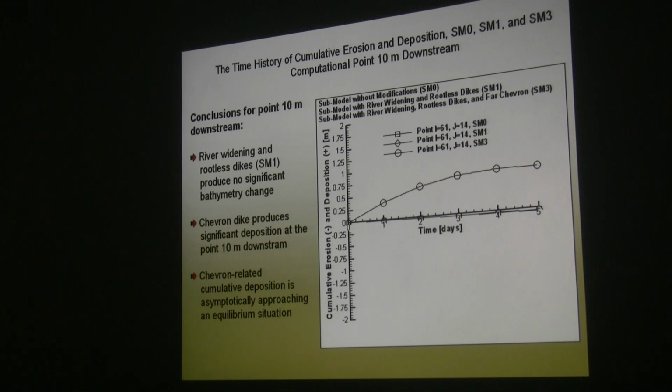So the eventual outcome is a recommendation of a system of chevron dikes as a measure for river habitat restoration. Those are examples of practical use of those models, and they show that eventually we can give decision makers pretty good, specific results.